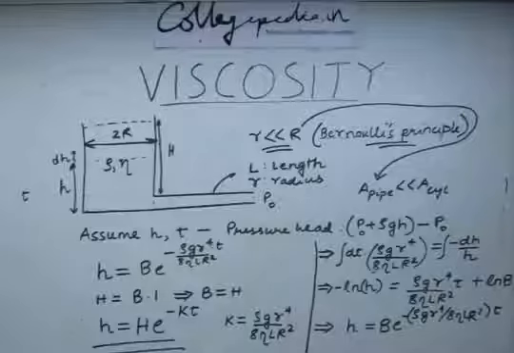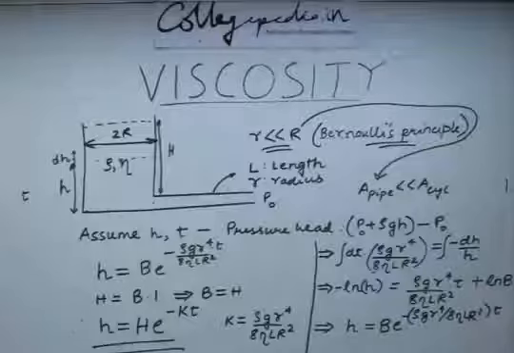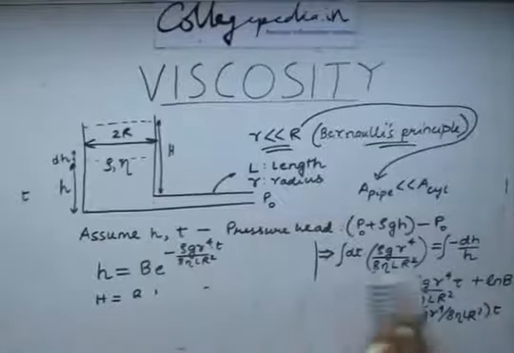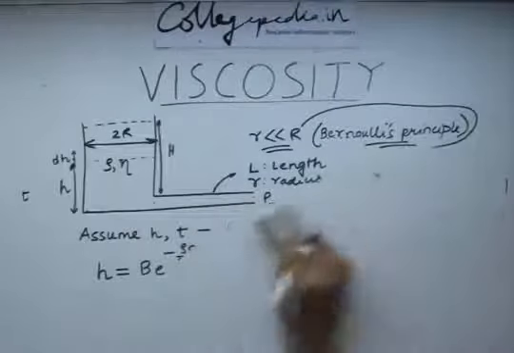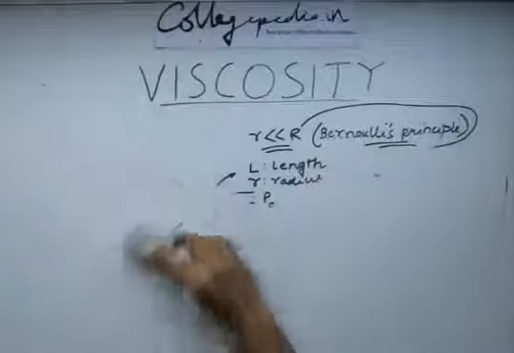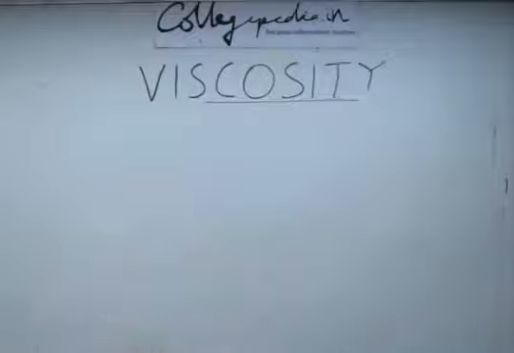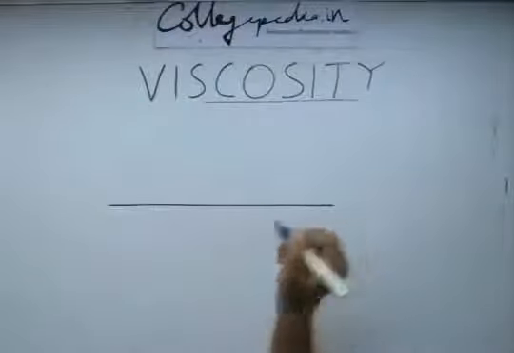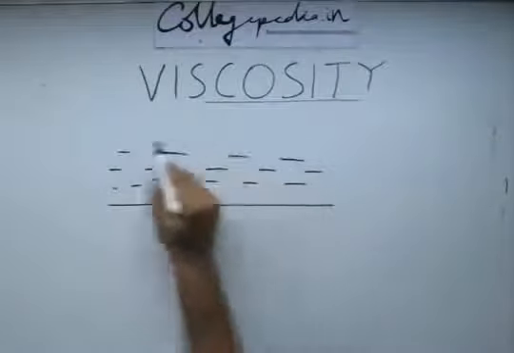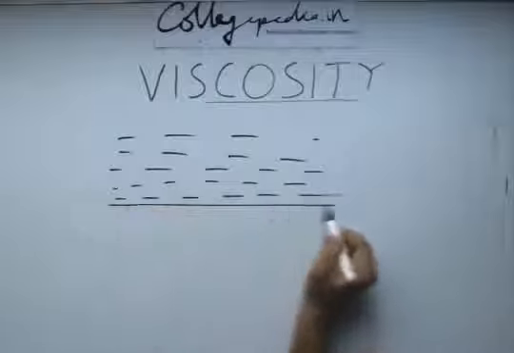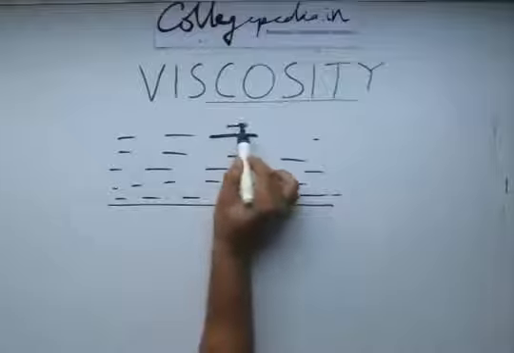Note that we might also have problems where we need to find volume flow rates for different situations. Let us consider one more problem of that sort. Let us say we have that plate-like problem again, with a big container whose bottom is this, and a small rod or plate moving with velocity v0.